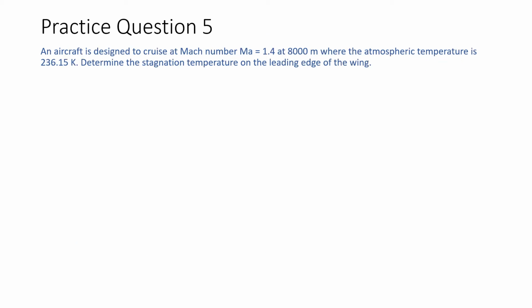The last question is: an aircraft is designed to cruise at Mach number 1.4 at 8,000 meters elevation. At this point, the atmospheric temperature is 236.15 Kelvin. Determine the stagnation temperature on the leading edge of the wing. What would be the stagnation temperature on the wing of the aircraft?